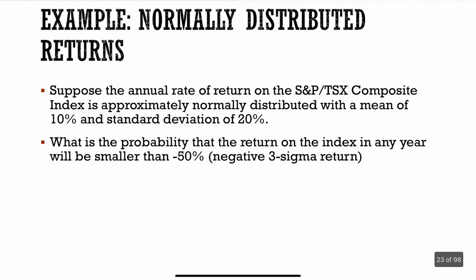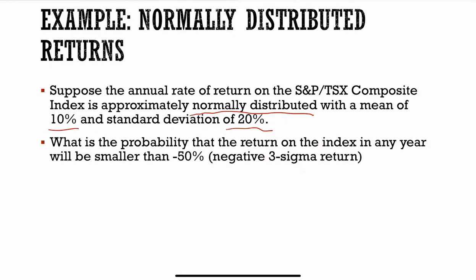Okay. Now let's see this example here. Suppose the annual rate of return on the S&P/TSX composite index is normally distributed. And let's say we assume this normal distribution has a mean of 10% and a standard deviation of 20%.